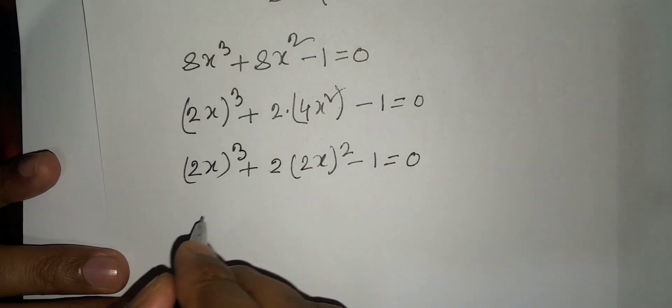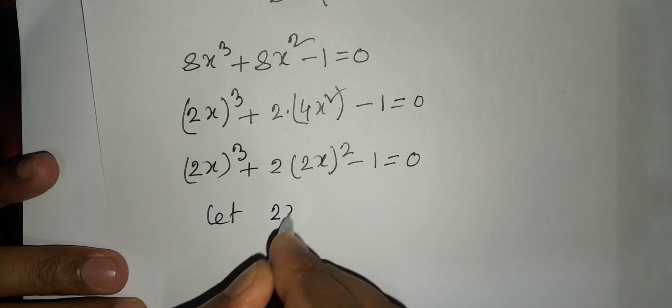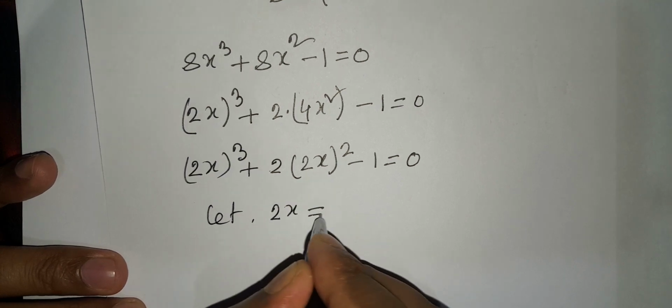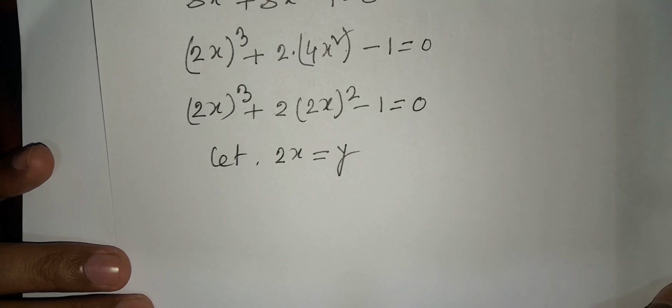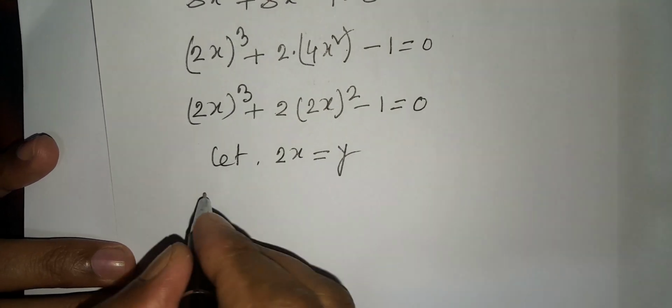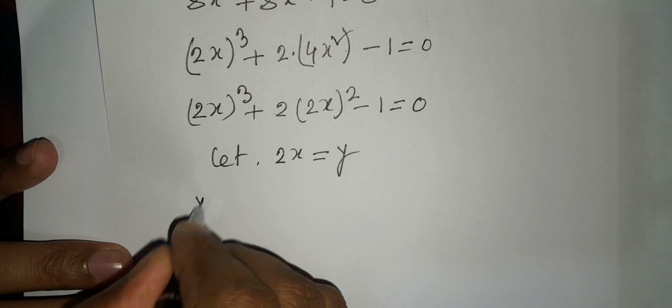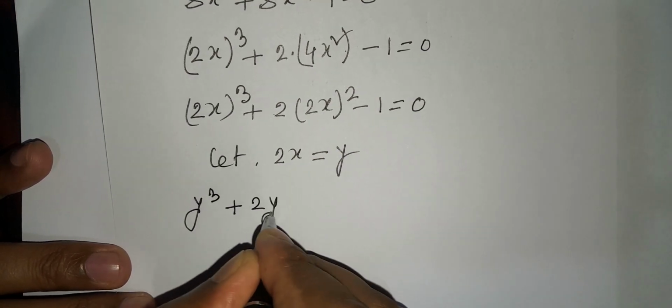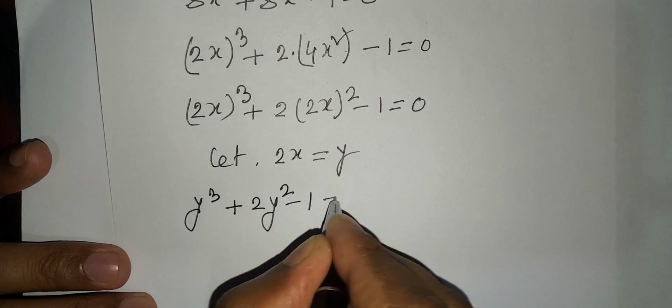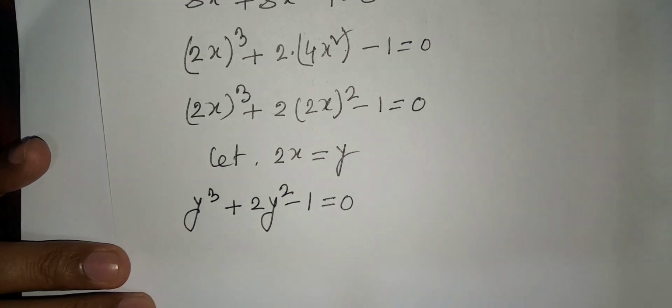Let 2x is equal to y. Okay, now we can write here y cube plus 2y square minus 1 is equal to 0.